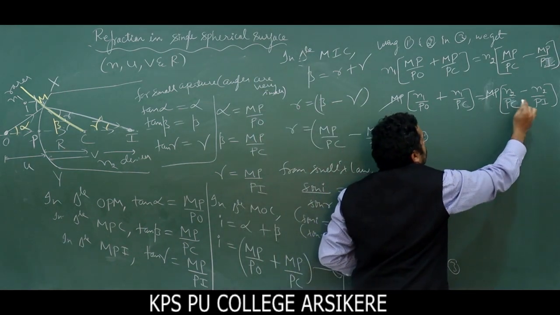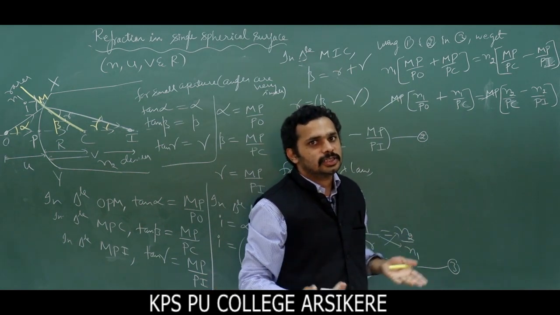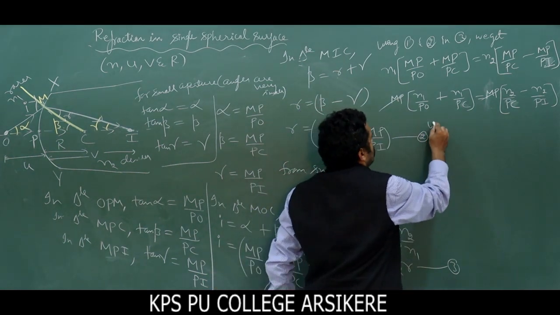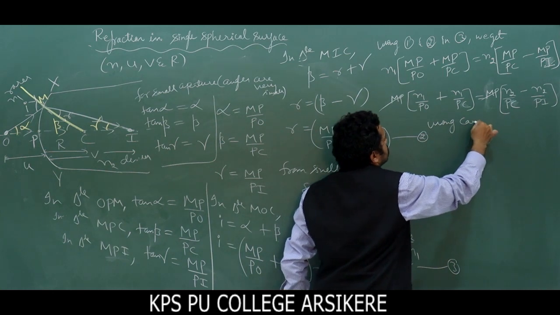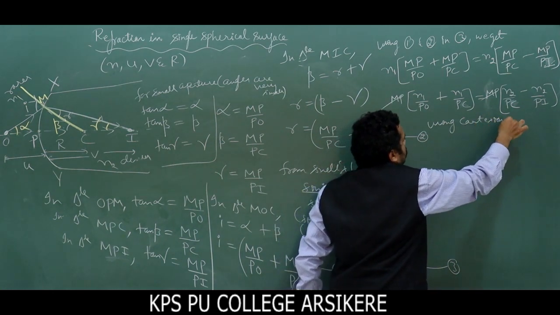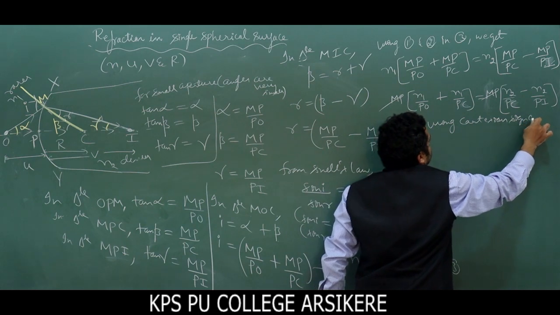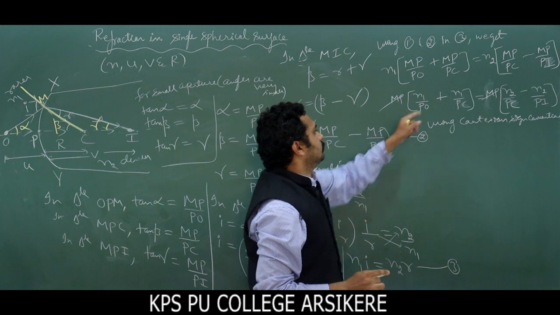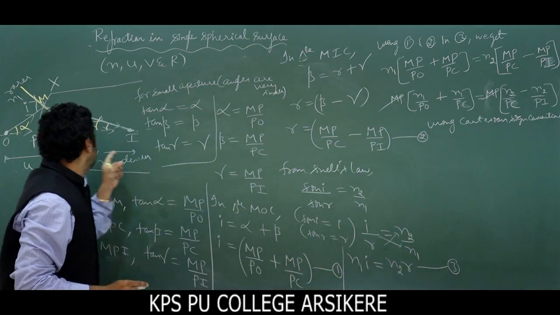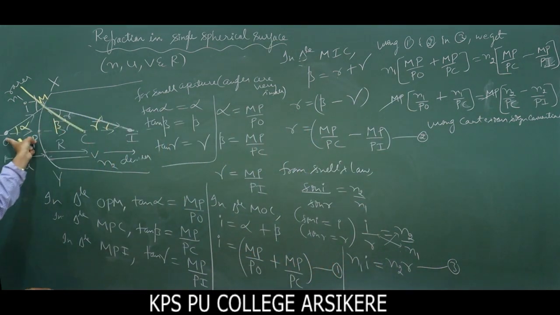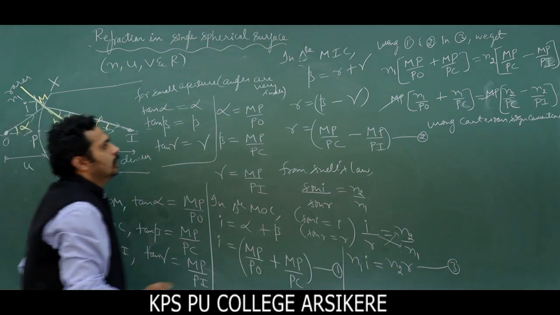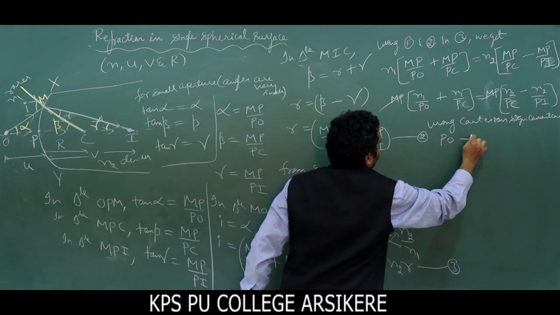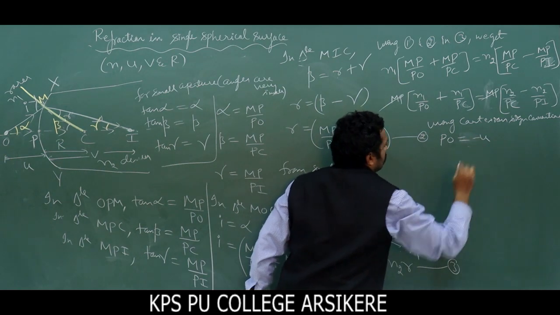Here I am using sign conventions. We are using Cartesian sign conventions in this chapter. Here all the distances are measured from the pole P. The incident ray is going in this direction, but PO is measured opposite, so PO is minus u, because for a real object the object distance is always negative.